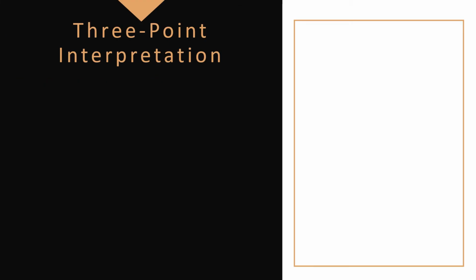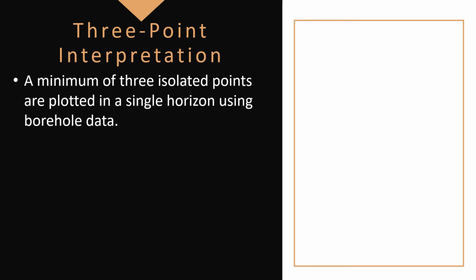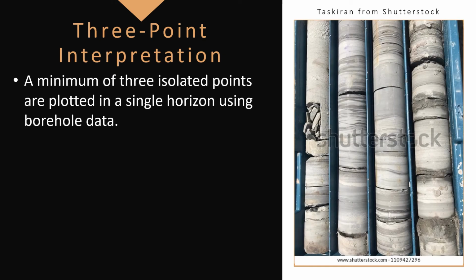3-point interpretation. This stage of interpretation is only done if further details are required, because a borehole survey is done before we can proceed with this interpretation. Through that borehole survey, we can obtain the elevation of the borehole, which is needed in this process, and also the geological borehole layers that show the different layers of outcrops.